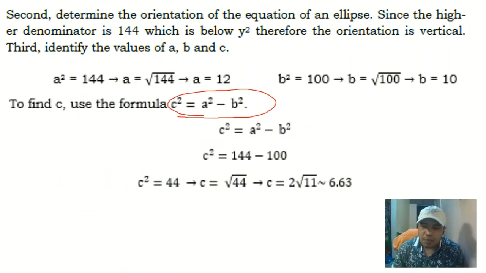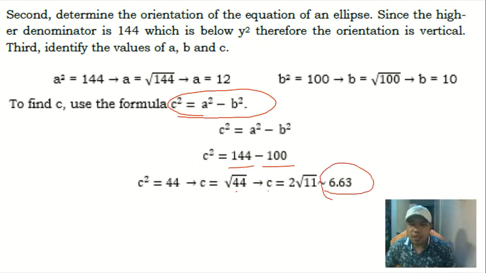Then substitute the values. 144 minus 100 is 44. So square root of 44 is the value of C. 2 square root of 11 or 6.63. We try to obtain the decimal value of 2 square root of 11 since medyo mahirap i-plot sa Cartesian plane ang 2 square root of 11.